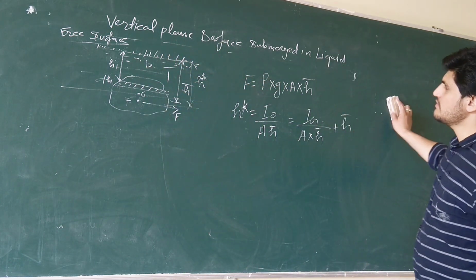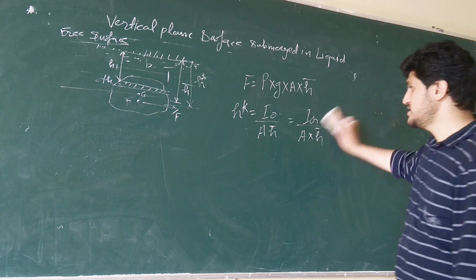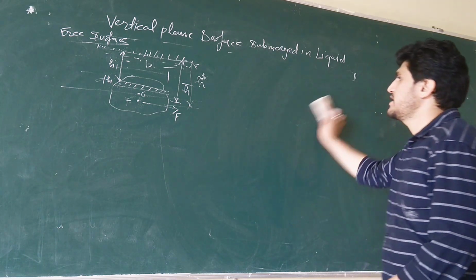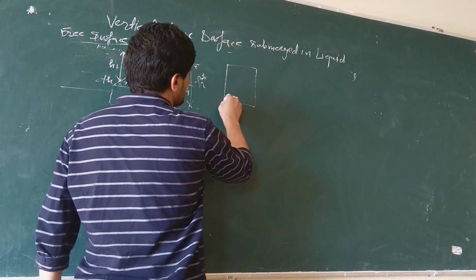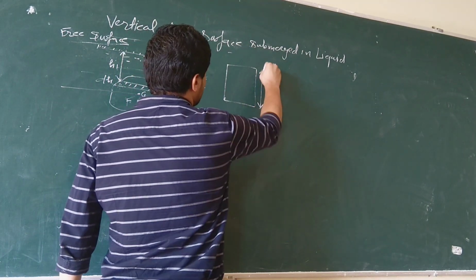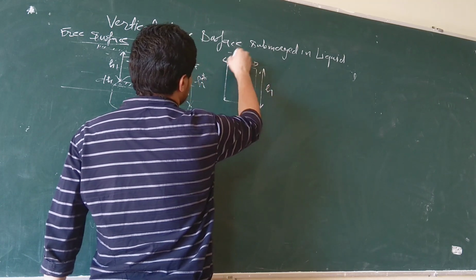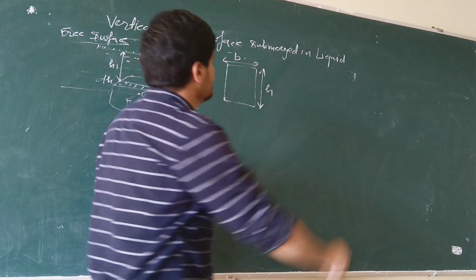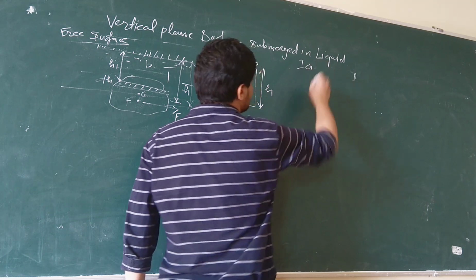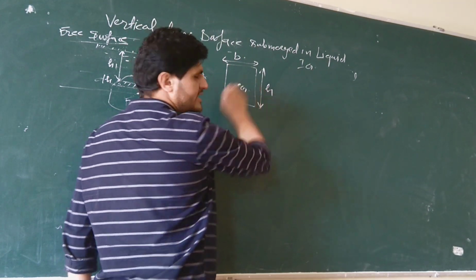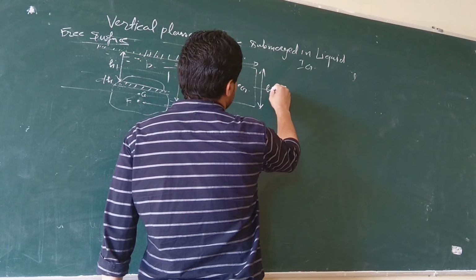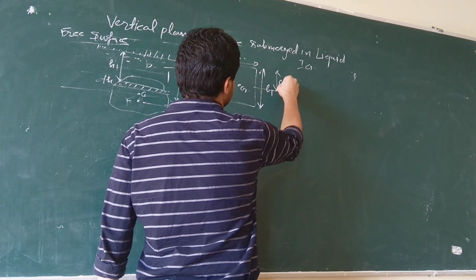We have different values of Ig. If I talk about a rectangle, if this is your height h and this is your base b, then what is the value of Ig, that is the moment of inertia about the centroidal axis? The centroidal axis means G will be here, and its distance from here is h bar.